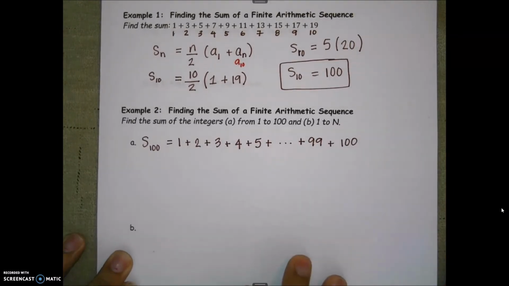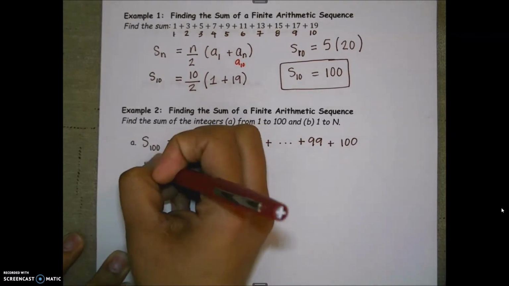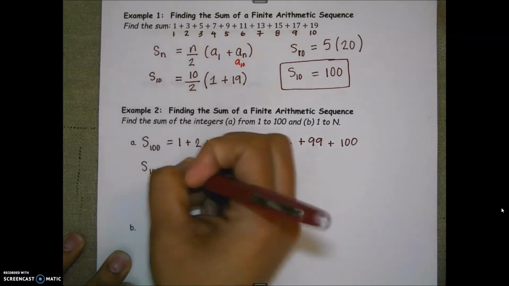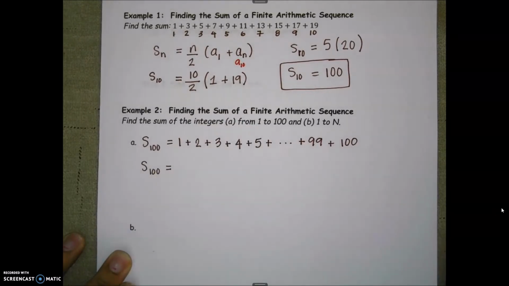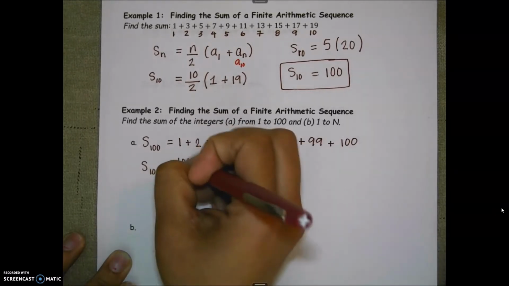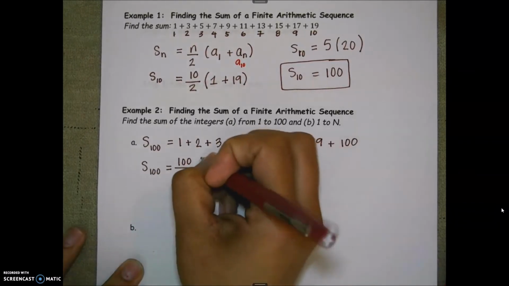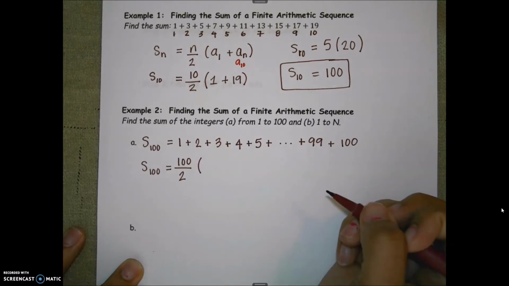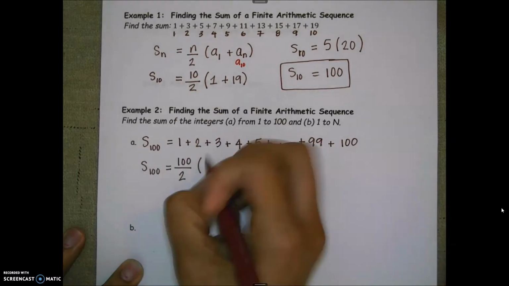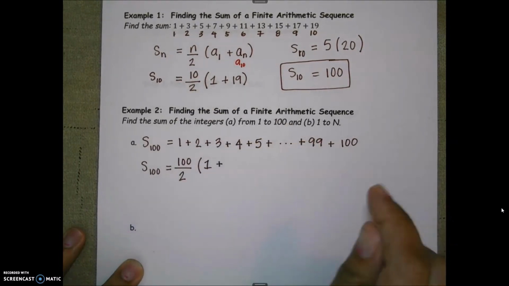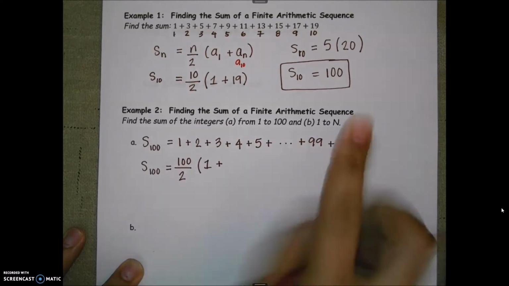All right, so we're going to use our formula instead. S sub 100. Okay, n is 100 divided by 2, using the formula up at the top that we covered. A1, which is the first term in our sequence, is 1, plus the last term of our sequence, which is 100.